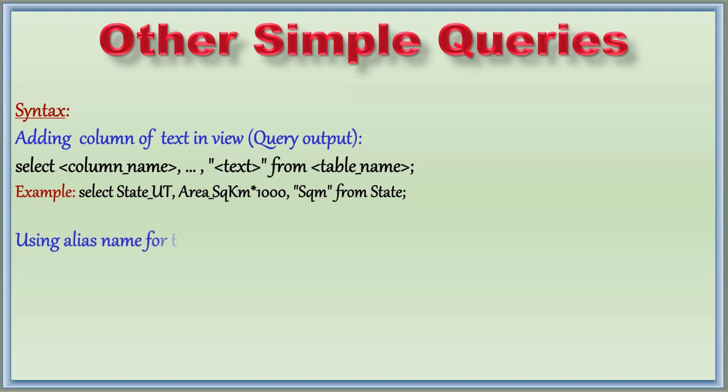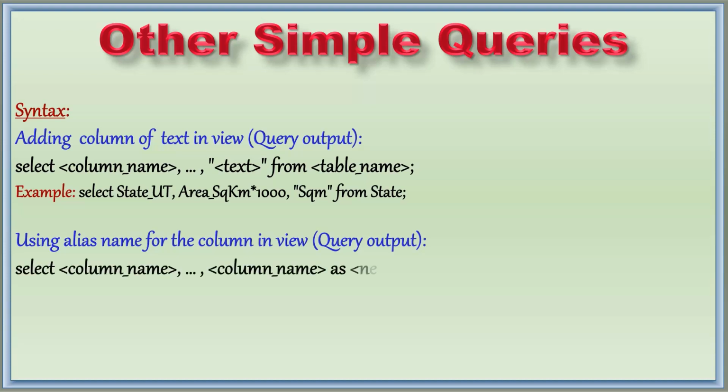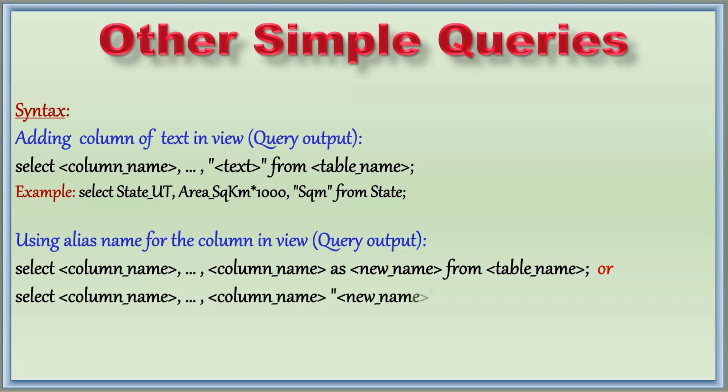Another simple query is using a new name for the column while displaying the details. We shall give select column names, and for whichever column you need to change the field name, there you will give AS the new name from table name. Otherwise, we can also use select column names wherever you need to change, without the AS keyword, and put the new name inside double quotes or single quotes from table name.